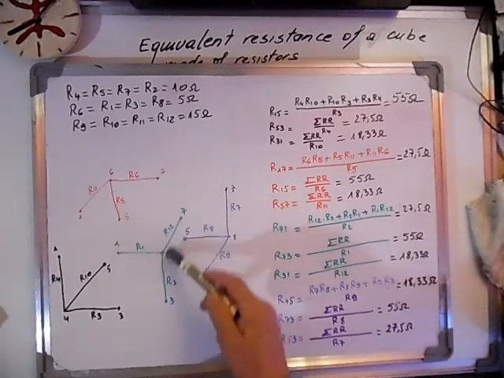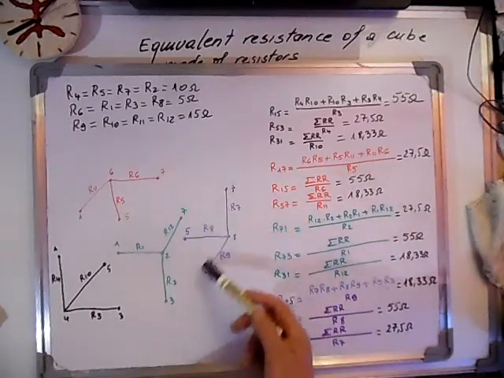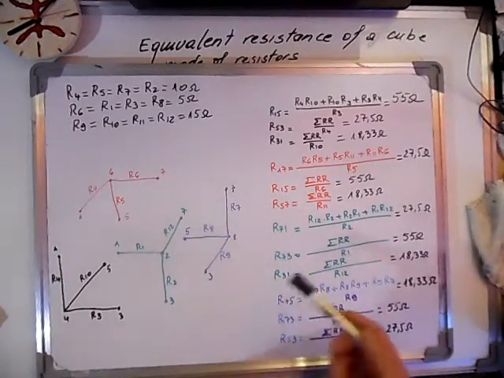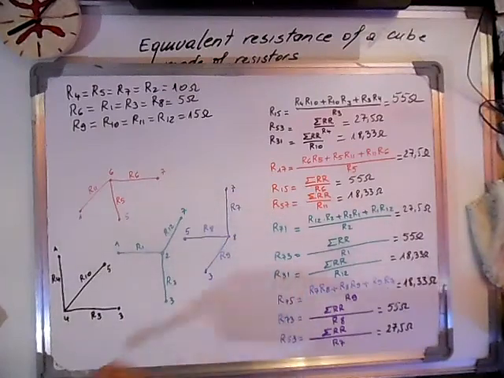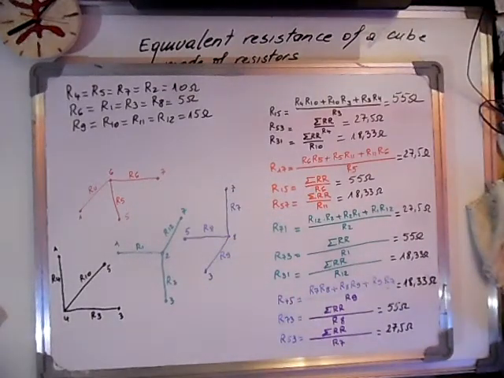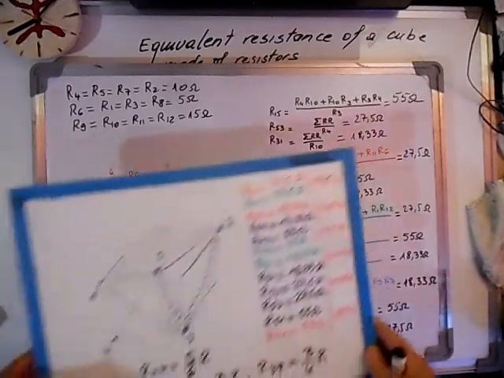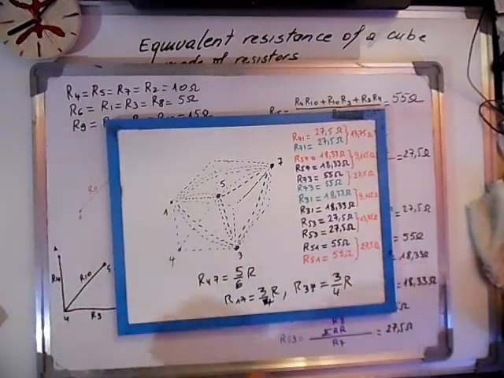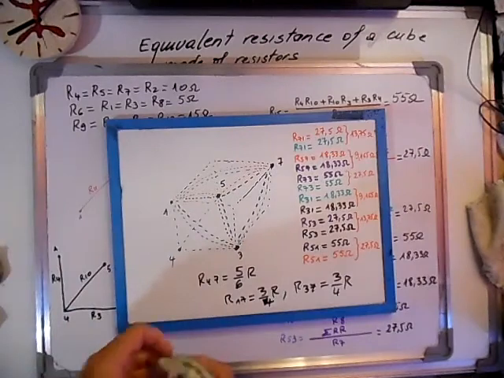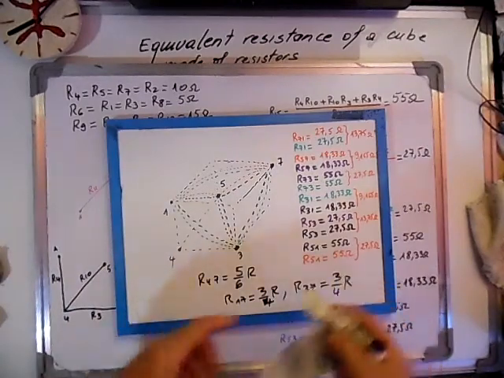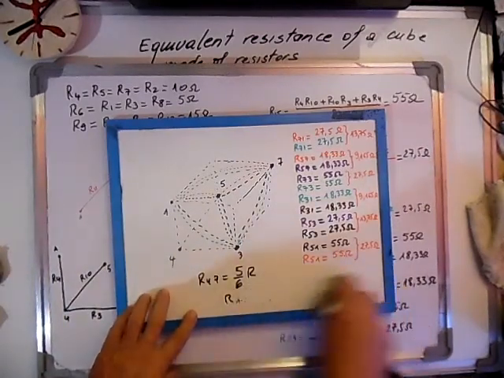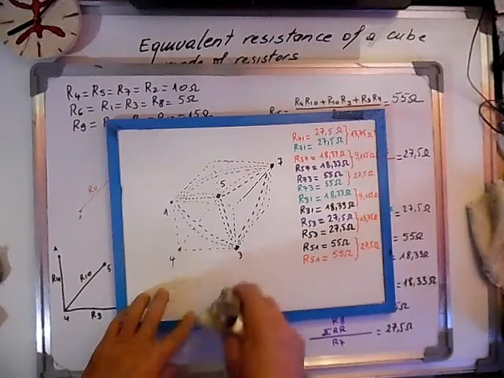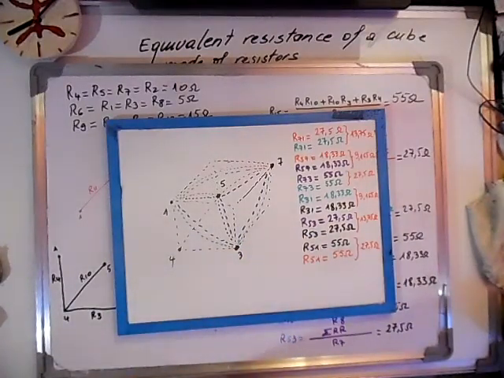Now, for example, here we have the green and the blue, and we have to calculate the equivalent resistance between these two nodes. I will show you how it looks now. Here I tried to do it for equal resistance. If we have equal resistance, I will do it later.